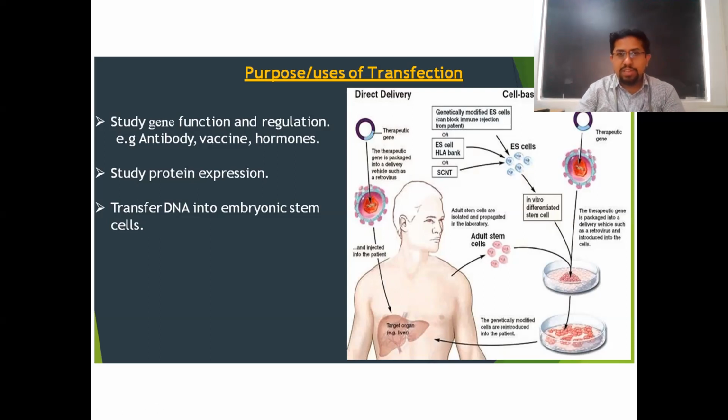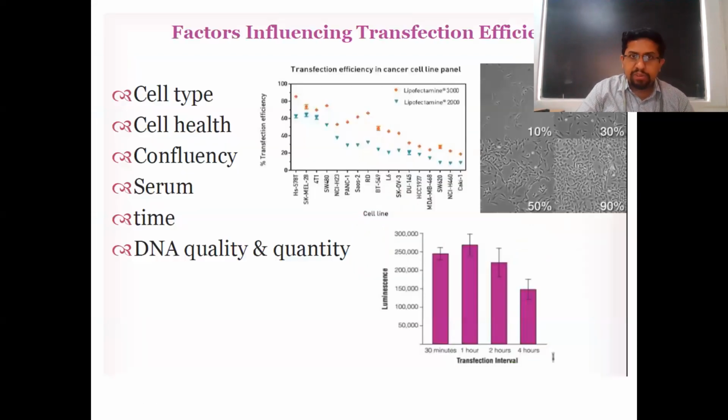So this is gene therapy. In some cases, people infect a particular patient with a viral based gene therapy, where the virus will deliver the gene of interest into the target cells, and the gene will slowly get integrated at the genomic level, leading to stable transfection.